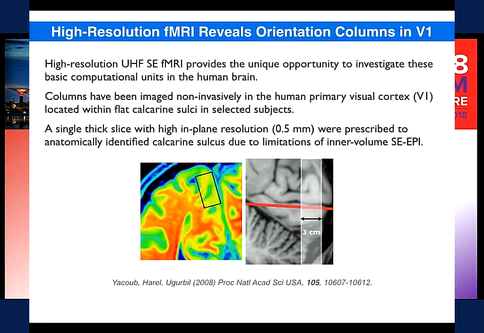But along the slice here, which you see here, the resolution could be pushed to 500 micron, which is amazingly high for functional MRI. So they could then see the columnar structure. But the problem is this technique cannot be used in curved folded cortex. So the researchers selected this kind of straight calcarine data here.